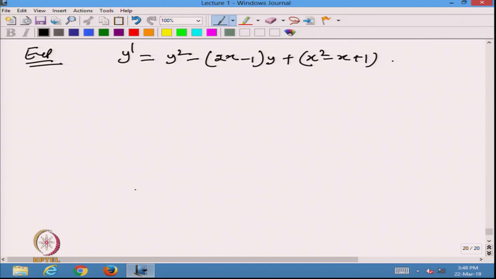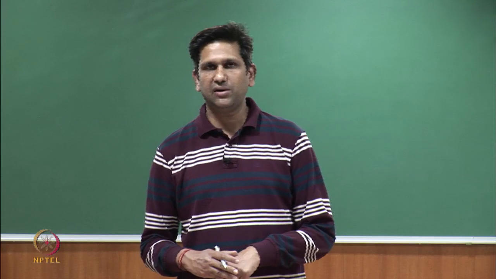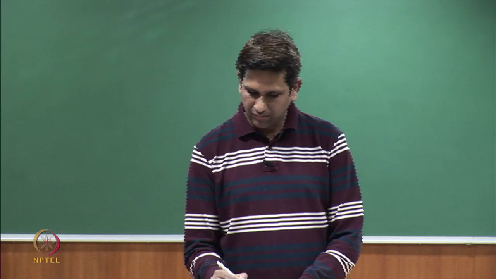It is given that y = x is a solution of this differential equation. It is given to me, because I can start only with that if I know one solution of the given equation.